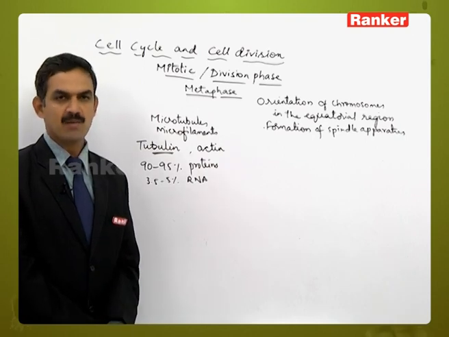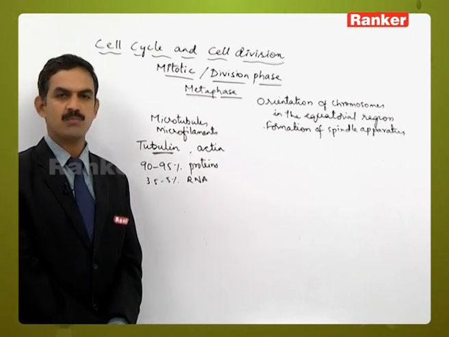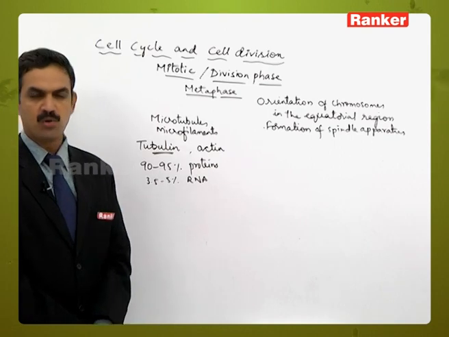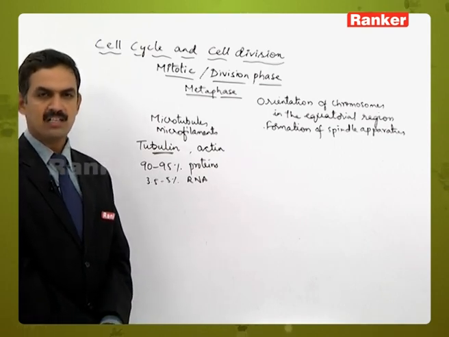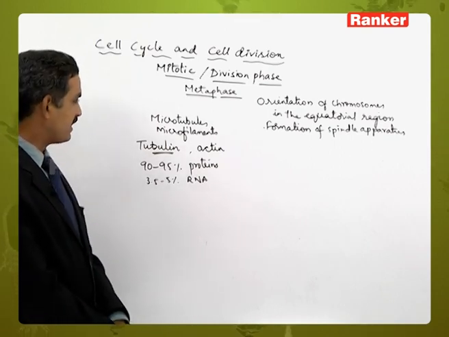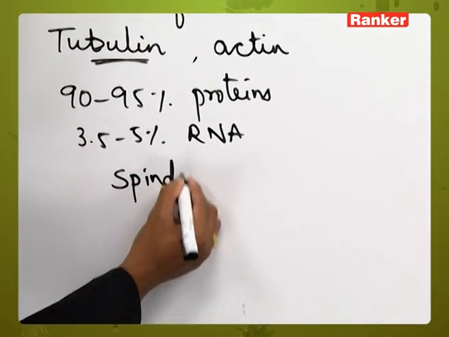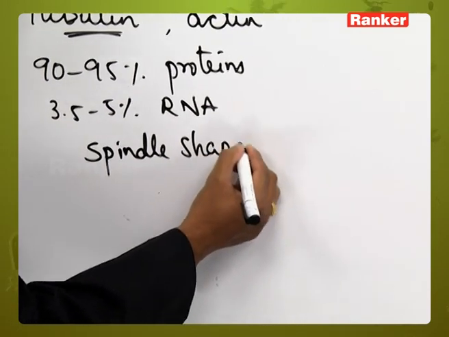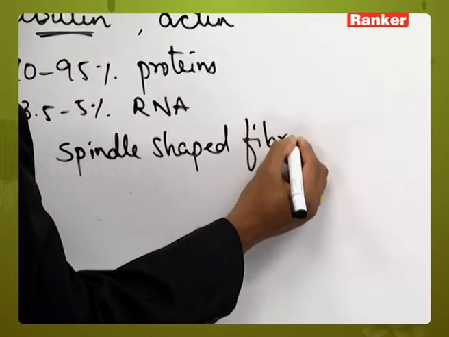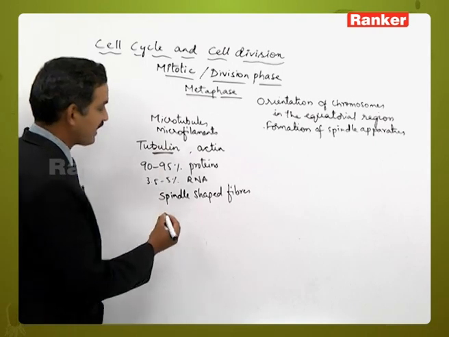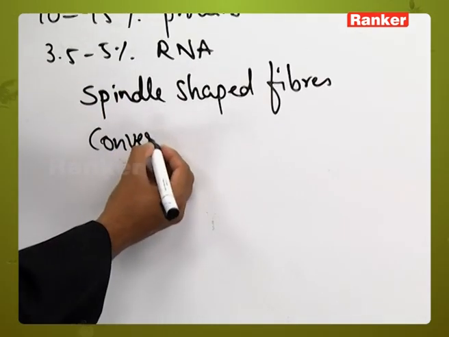In the proteins also the major type of protein is tubulin protein, and actin and myosin protein is also there, to a little extent. So likewise the spindle shaped fibers are formed in the cell, which will converge towards the poles.